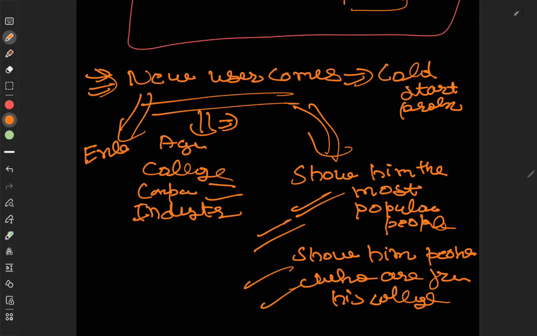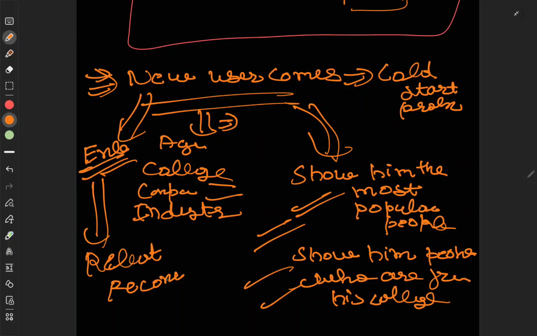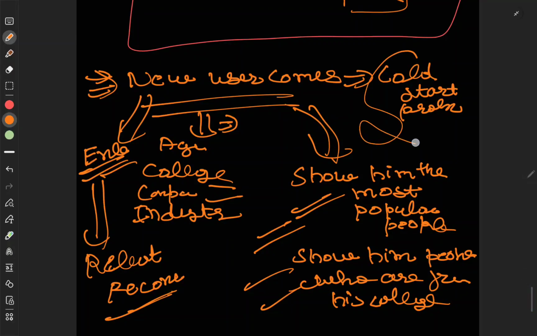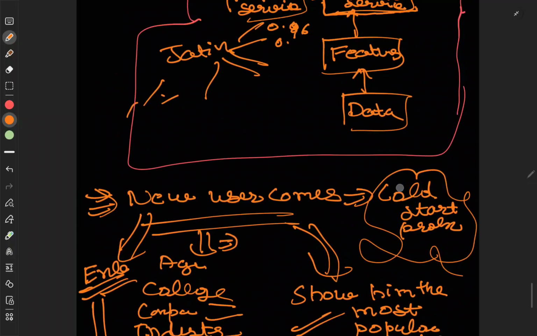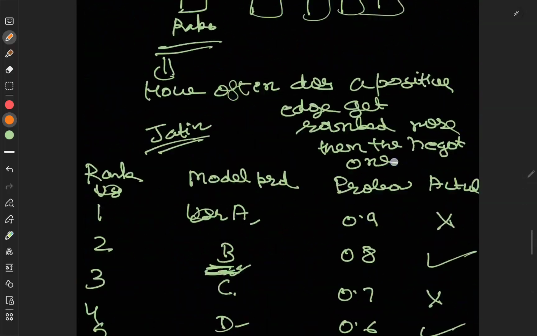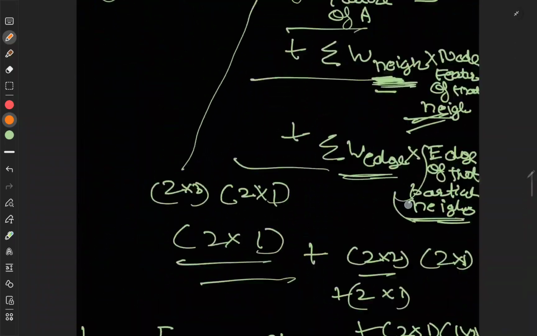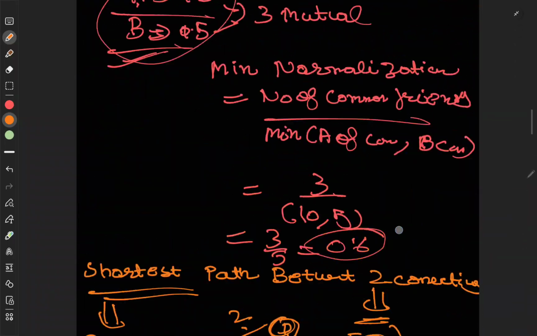Whenever our model retrains in a week, automatically the embeddings will get updated. So next time the user opens his app, his embeddings would be updated and we would show him relevant recommendations. So this is how we solve the cold start problem as well. Okay, so this is the whole solution of people you may know. Thanks.